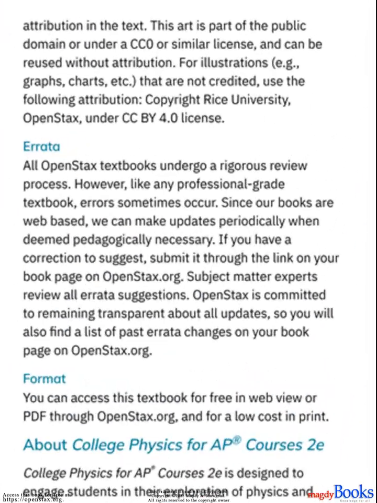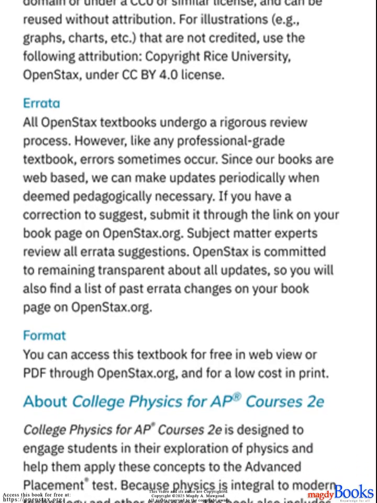This art is part of the public domain or under a CC0 or similar license, and can be reused without attribution. For illustrations, e.g., graphs, charts, etc., that are not credited, use the following attribution. Copyright Rice University, OpenStax, under CC BY 4.0 license.